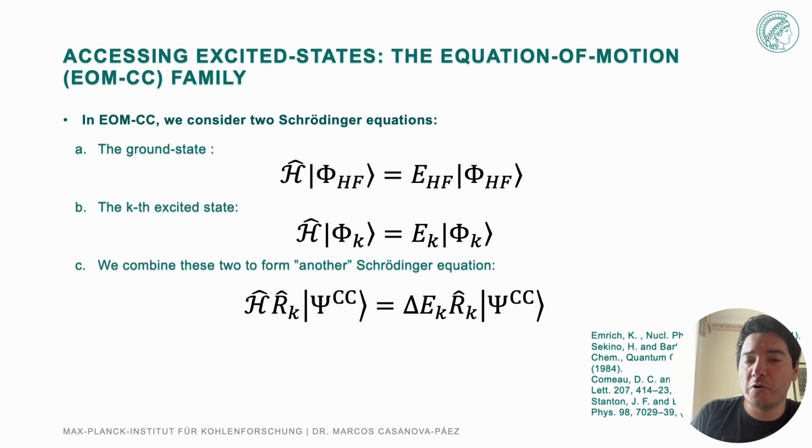So the new operator R is essentially another excitation operator, but this time you're not going to do these excitations into your Hartree-Fock, but into your coupled cluster wave function, which is the one that also includes correlation energy.